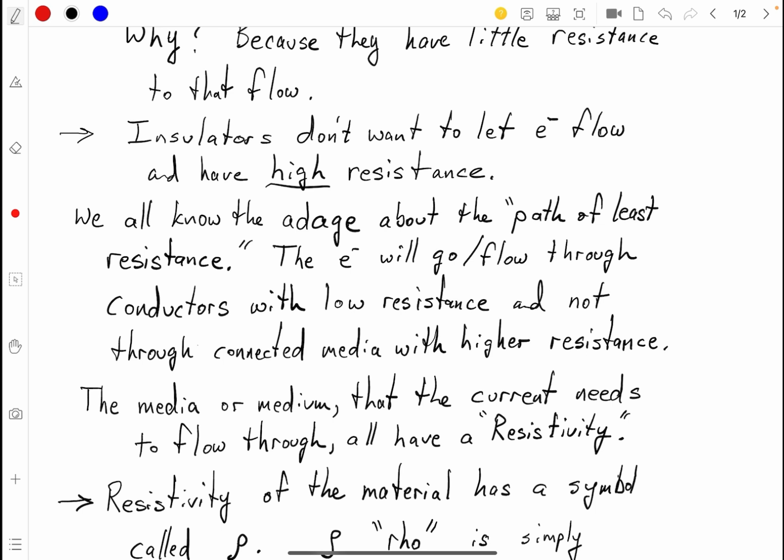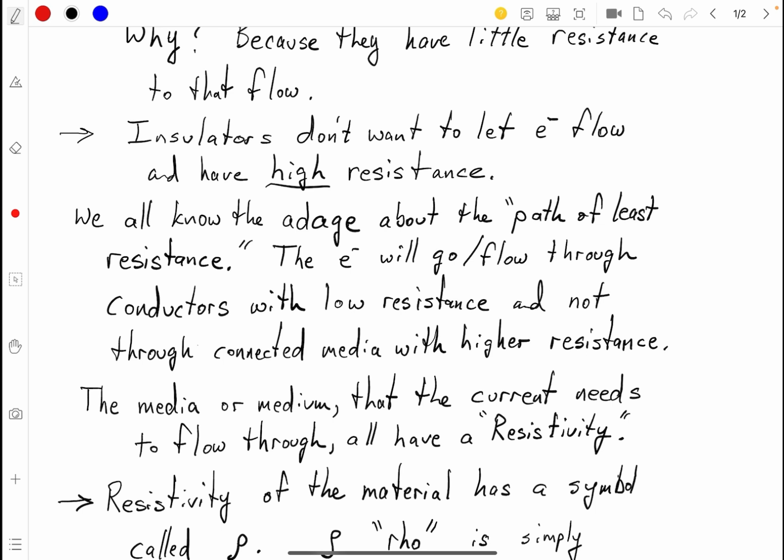Everything has a resistance. All the mediums have a resistance. We just have some materials that have higher resistances than others, and it's a lot higher. So it's very, very low resistance for some materials and very high resistance for others. Now, we're not going to talk about superconducting materials.